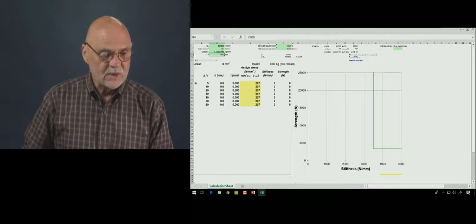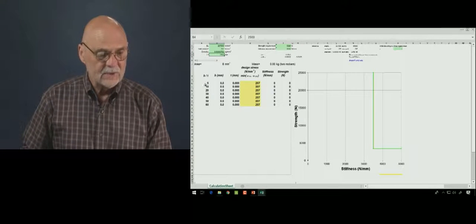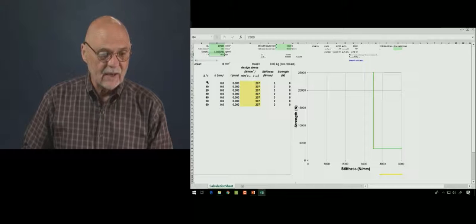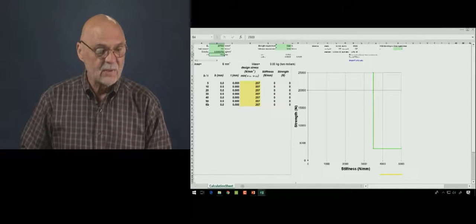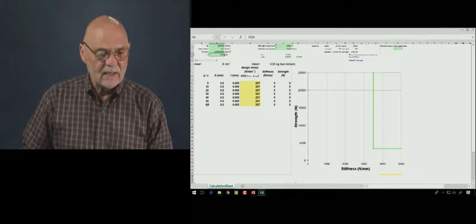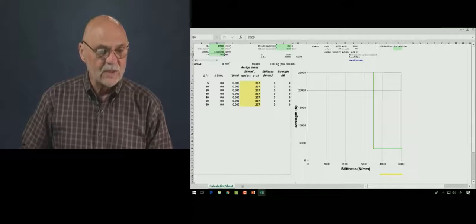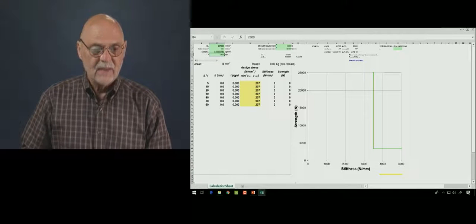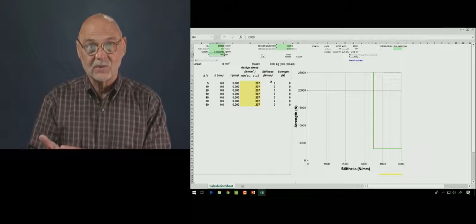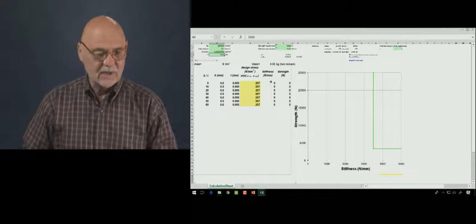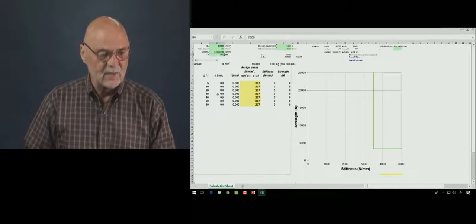And then what you see at the bottom are some B over T ratios that are inputs again. So 5, 10, 20 in increments up to 60. And then from the area and the B over T, we calculate a B, calculate a T, and then we can use those same equations to calculate the stiffness and the strength. So this is the same calculation that is just automated right now.